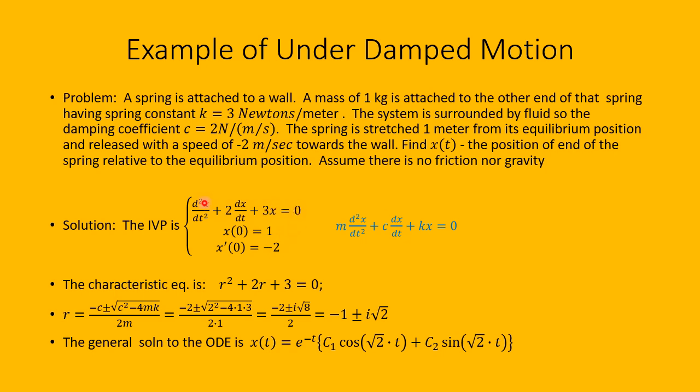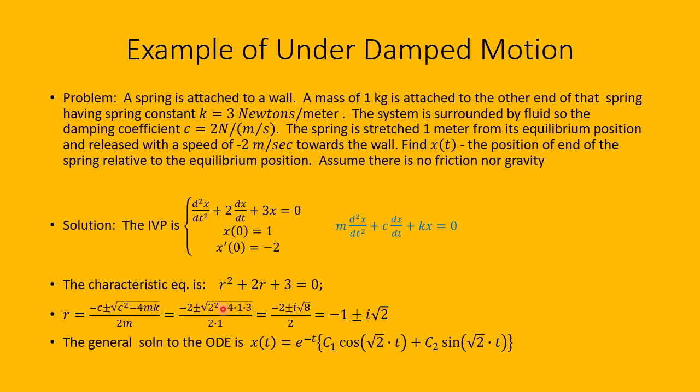From looking at this differential equation, we can see that the characteristic equation is r squared plus 2r plus 3 equals 0. Using the quadratic formula, r equals minus c plus or minus the square root of c squared minus 4mk, over 2m. That's minus 2 plus or minus the square root of 2 squared minus 4 times 1 times 3, divided by 2 times 1.